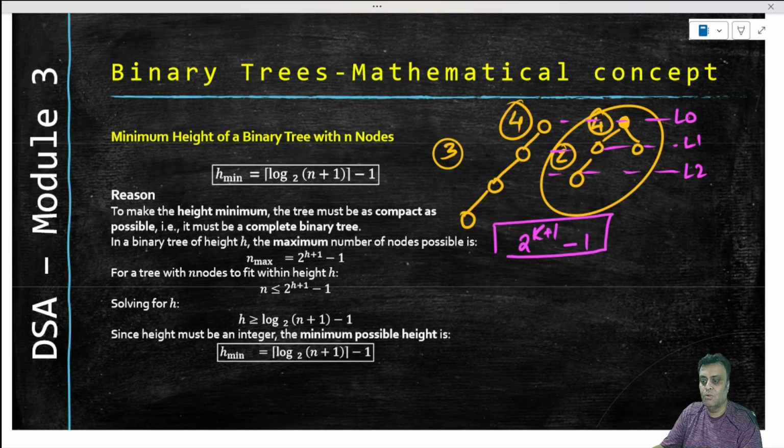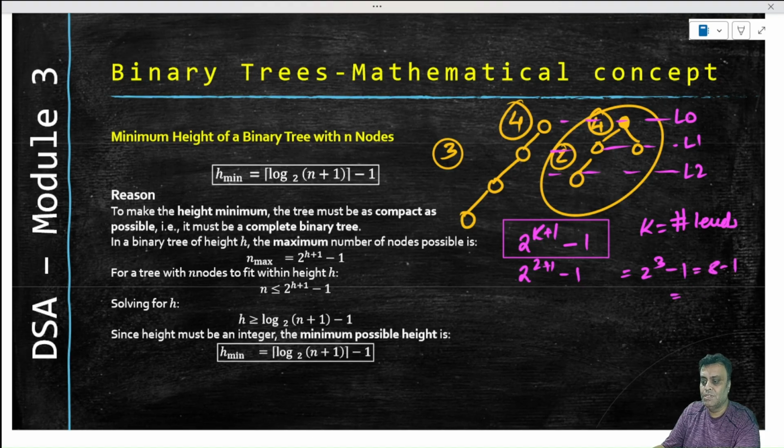So this is what we know. So k is the level number, right? So the total number of levels here is L2. Now if we say that there are L2 levels, then the total number of nodes that are possible is 2 to the power of 2 plus 1 minus 1, which is equal to 2 to the power of 3 minus 1, which is equal to 8 minus 1, which is equal to 7.